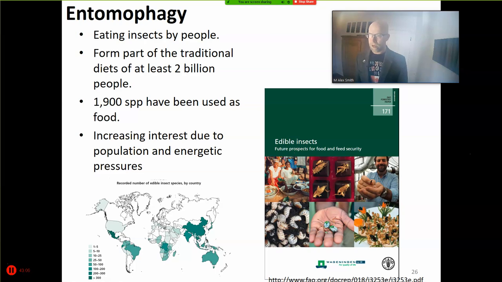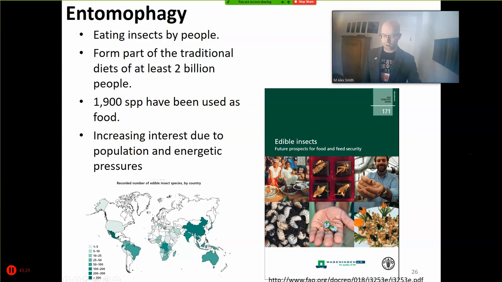It's a strange map because it's broken up by nation and perhaps not by region. But I think one of the things to consider is that where insects are most diverse is where the greatest number of edible insects have been sourced by country.